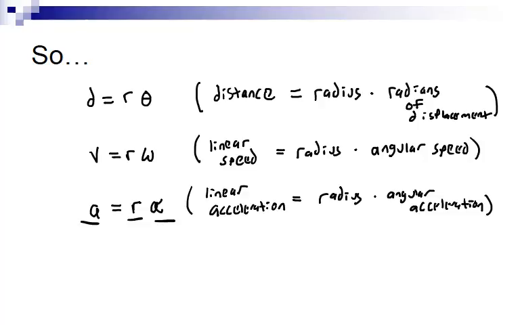And so in all these cases, you just take the radius and multiply it by the corresponding variable, which is, for distance, theta, the radians of displacement. Here we multiply the radius times the angular speed to get linear speed, and then finally we take the radius times the angular acceleration, and we get the linear acceleration.